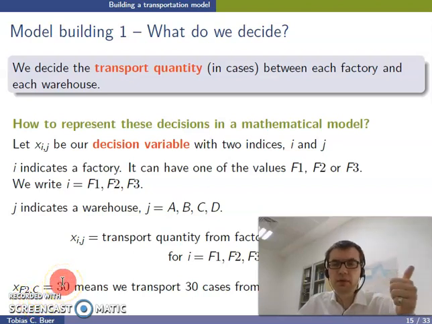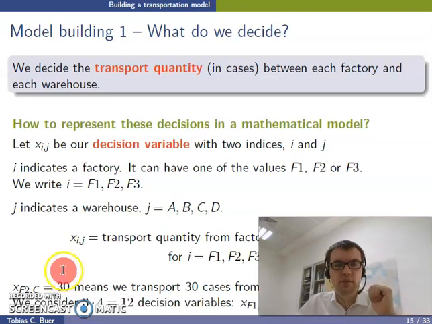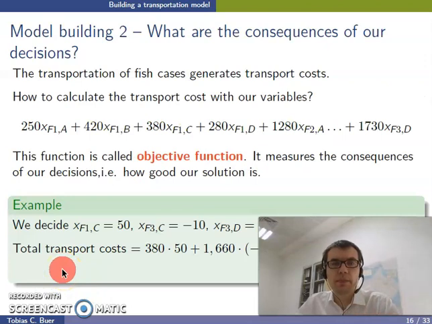Okay, first step, deciding which decisions we want to make and how to model these decisions. Second step, we want to make good decisions, so we need something that measures the consequences of our decisions. Here, the consequences of our decisions are related to transportation costs.